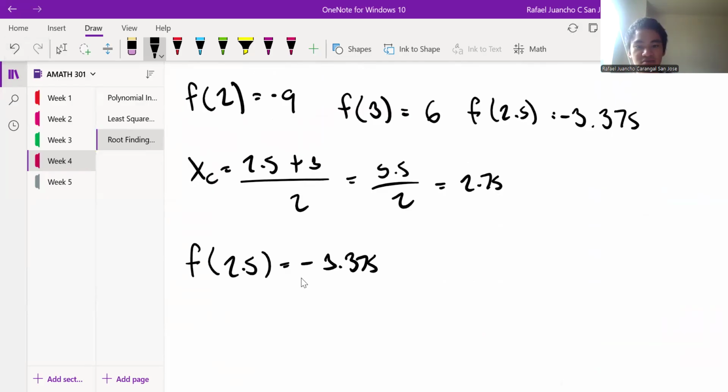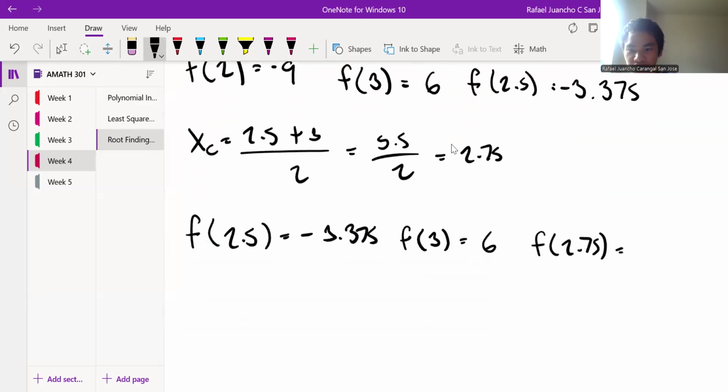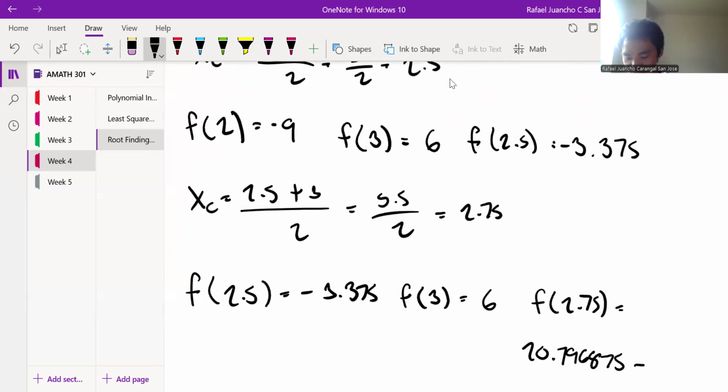So I have that number. Now I need f of 2.75. If I plug in 2.75 for everything, I get 20.796875 minus 4 times that number, which is 11.